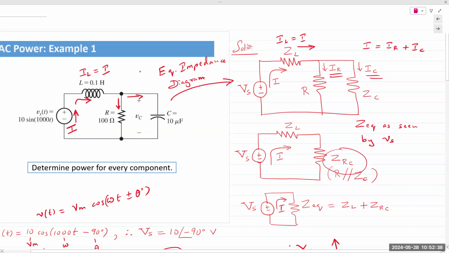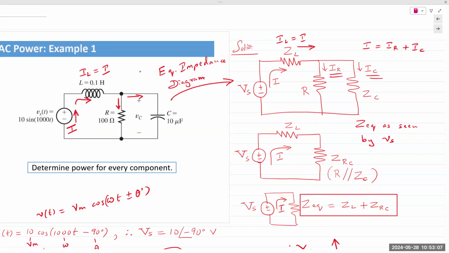ZRC is the equivalent impedance of the resistor and the capacitor in parallel. Then ZRC would be in series with ZL, which gives me one single equivalent impedance, ZEQ, equal to ZL plus ZRC.